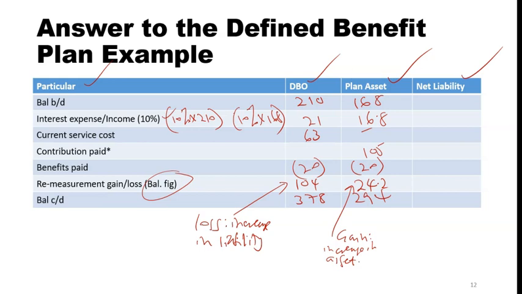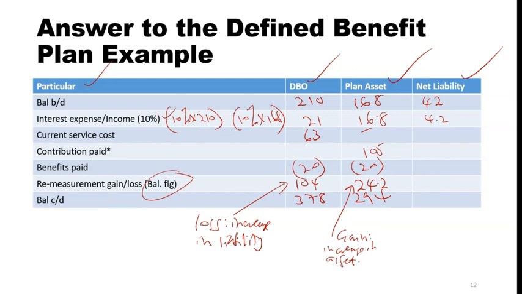For the balance brought forward, we are going to say 210 minus 168. That gives us 42. Then we move on to the interest part of it: 21 minus 16.8, we have got 4.2.